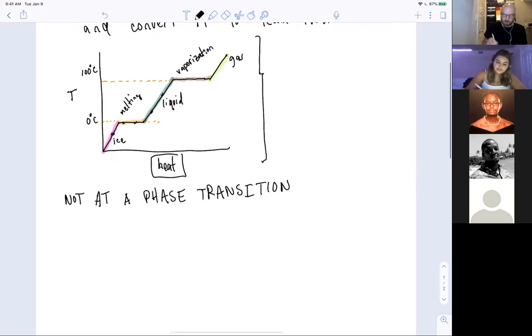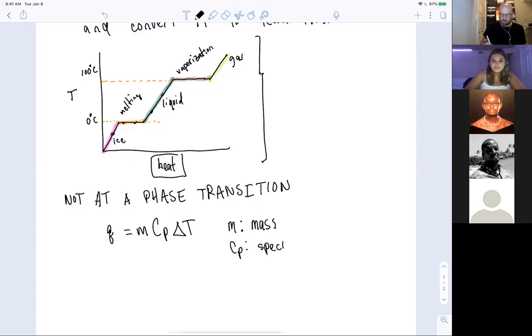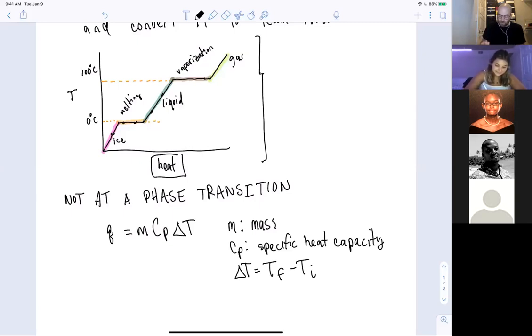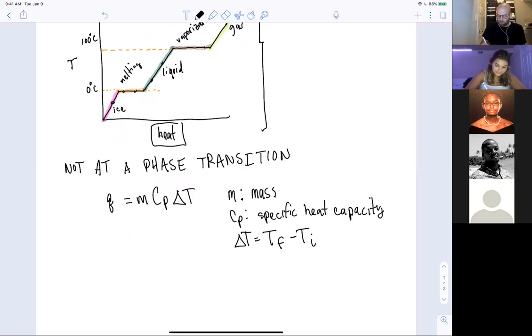So the equation you want to use for that is Q equals m times C sub P times delta T, where m is the mass, C sub P is the specific heat capacity, and delta T is the final temperature minus the initial temperature. Delta always means final minus initial. In plain language, it's the temperature change.